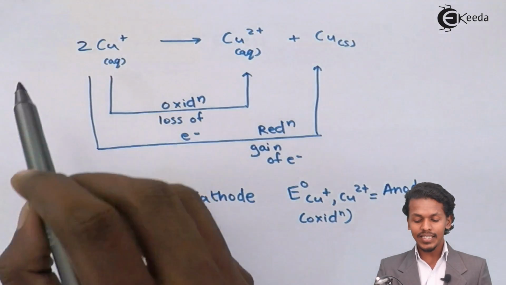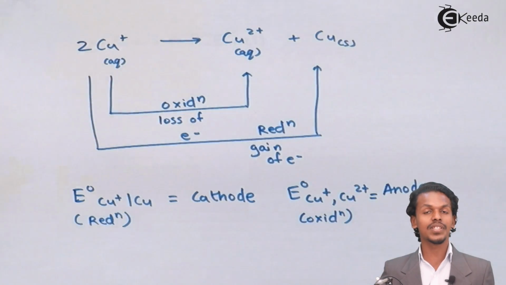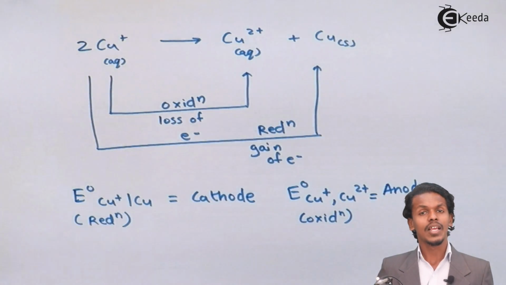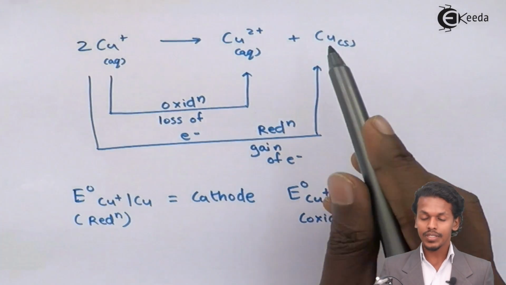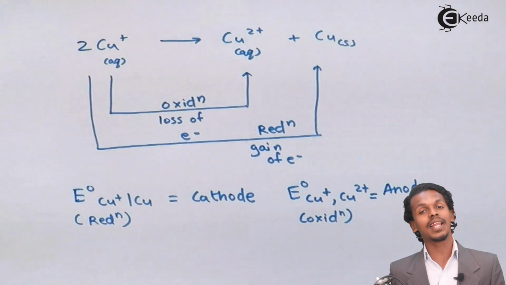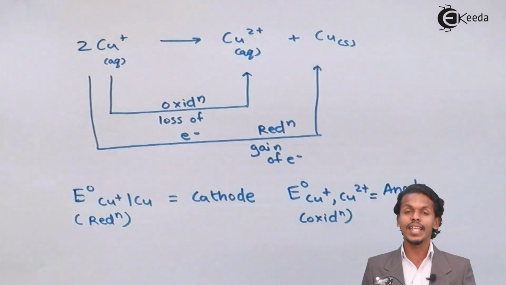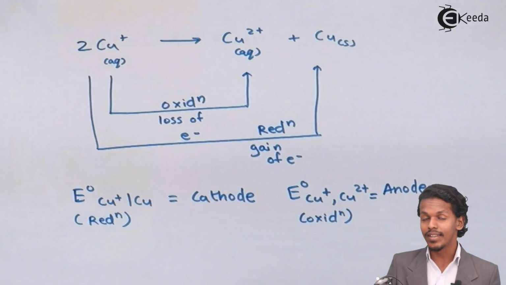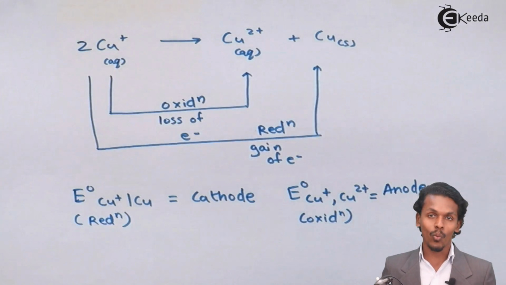While Cu2 plus is being converted into Cu, which has an oxidation number of 0, this Cu plus will accept 1 electron, and only then will it be converted into Cu. So in this half reaction also, the number of electrons accepted is 1. So the number of electrons lost and gained in this case is 1. Therefore I can write the value of n as 1.